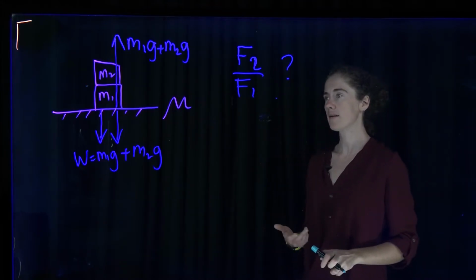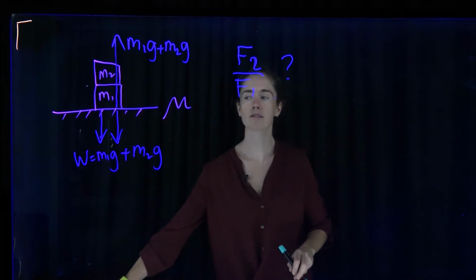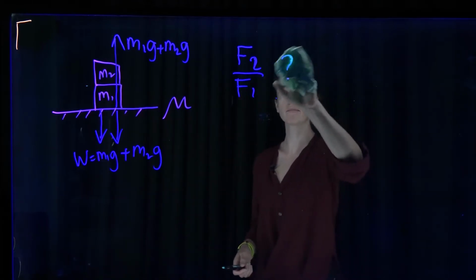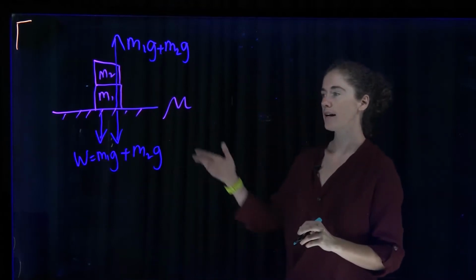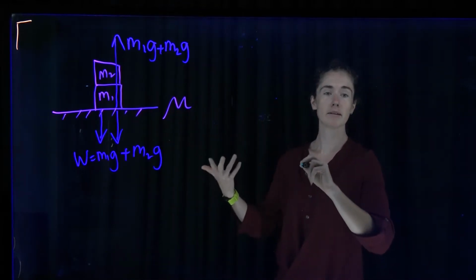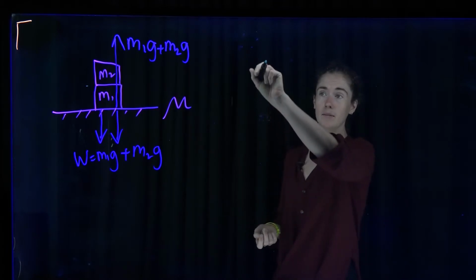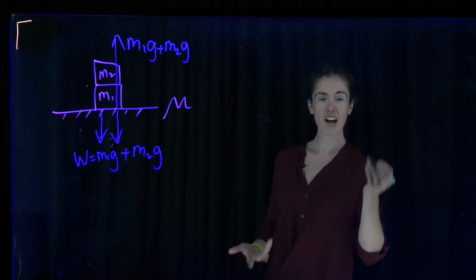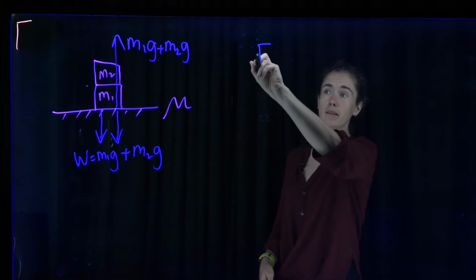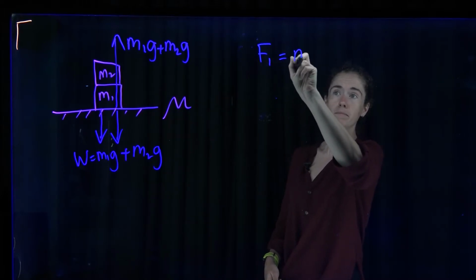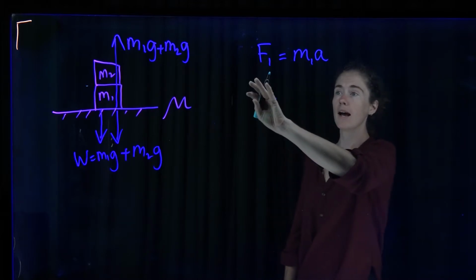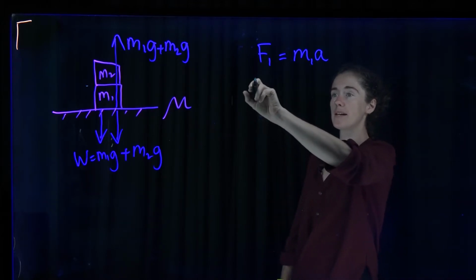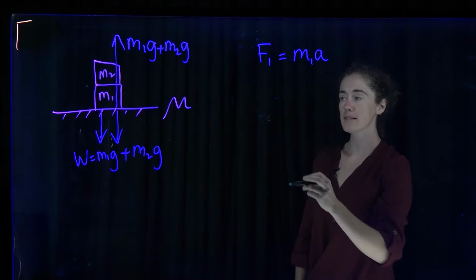So we're going to start by having a look at those two forces individually. So the force required to accelerate mass 1 on its own at an acceleration of a, and this force 1 is broken into two components.